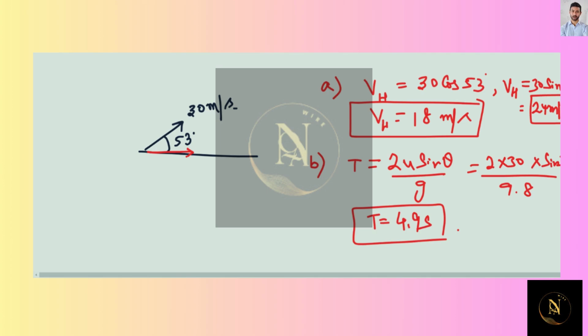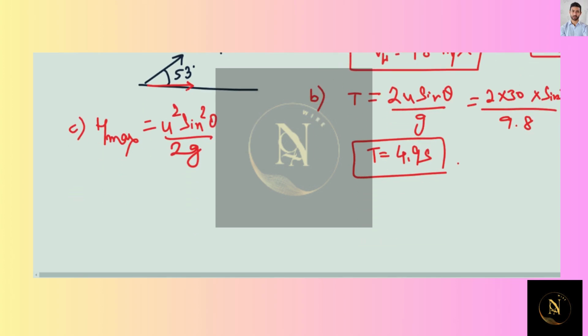And now we have to also determine the maximum height reached by this shell which is fired. The expression to get the maximum height is u square sine square theta by 2g. So we put the values here once again and get the maximum height as 30 square times sine square 53 degrees divided by 2 times 9.81 approximately.